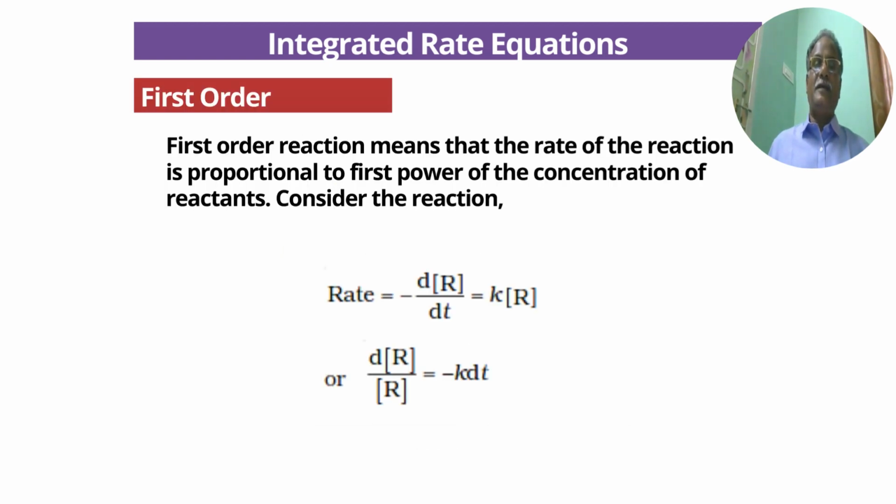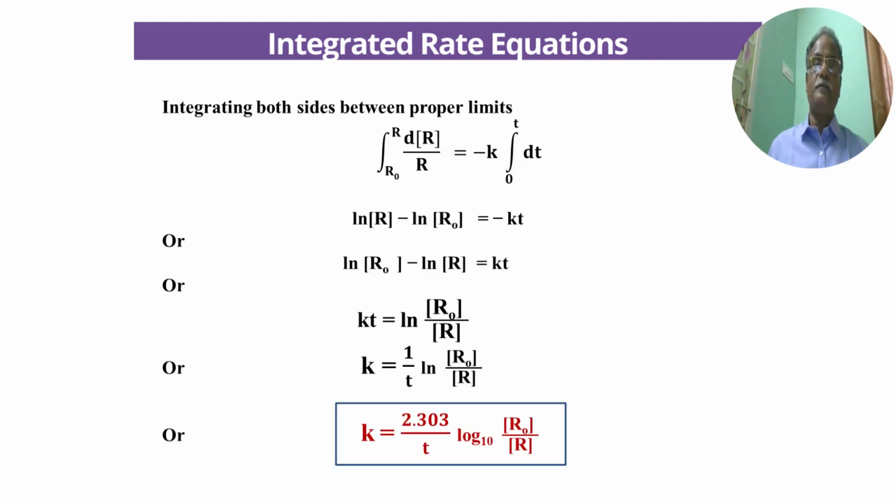Integrated rate equation for a first order reaction. Here, this can be derived as follows. Let us see the final equation obtained by integrating: k is equal to 2.303 by t log base 10 of initial concentration divided by final concentration.